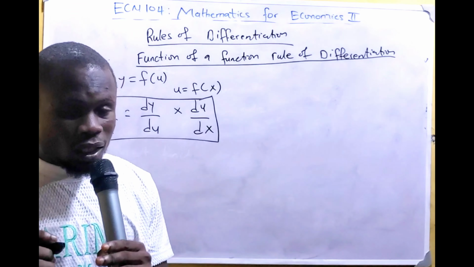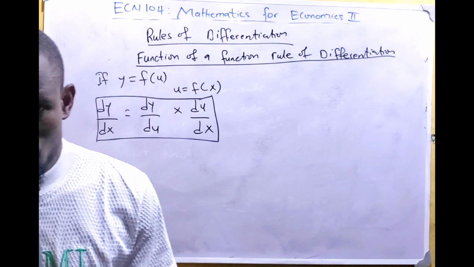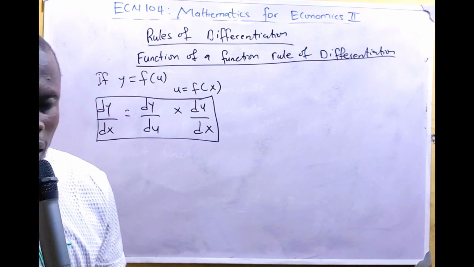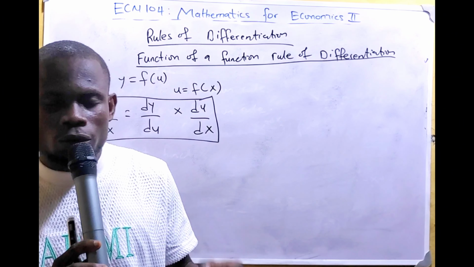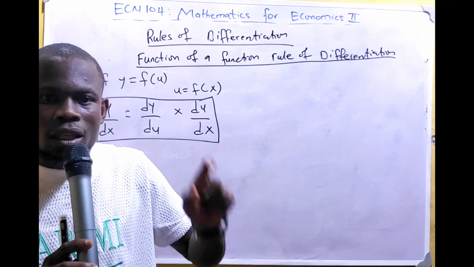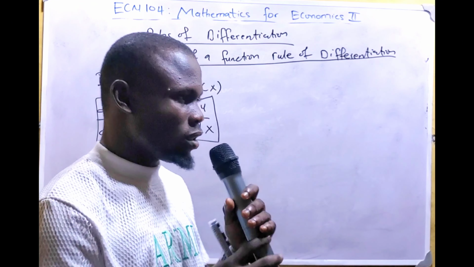What we are looking at here is that we are given a certain function y, expressed in terms of a function u, whereby u in itself is also a function of x. Let's illustrate this.